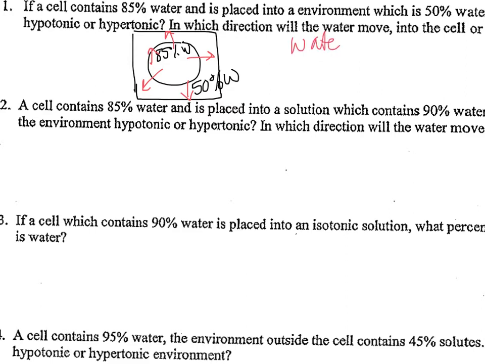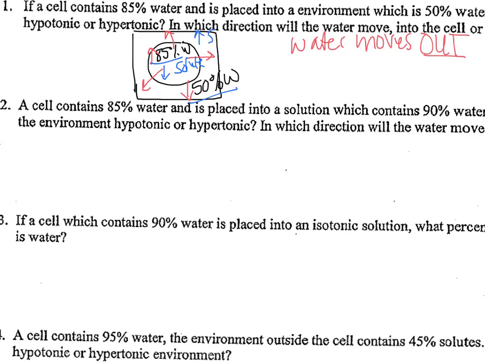Water moves out. All right. The second thing we need to do is look at the solute concentration. And we know that if water is high inside the cell, that means my solute is going to be low. And if water is low in the solution, I know that my solute has to be high.